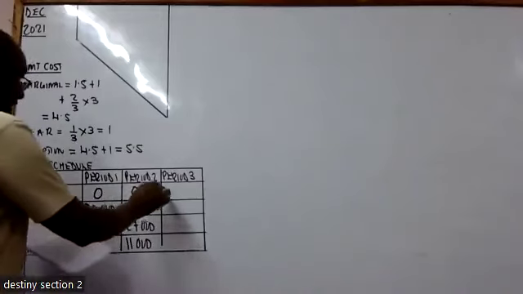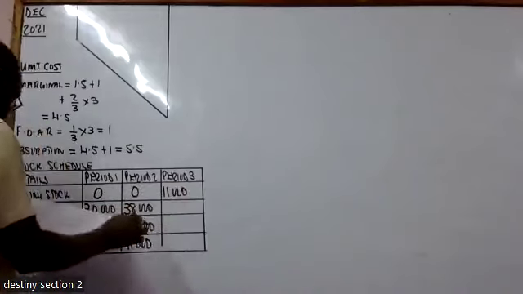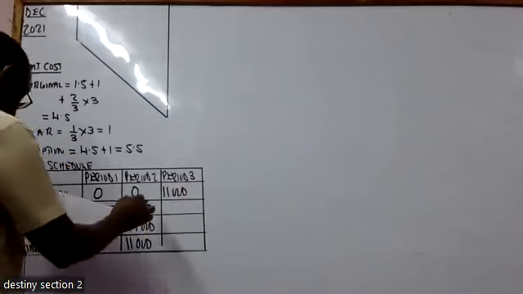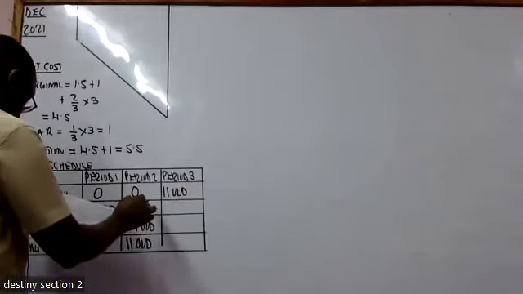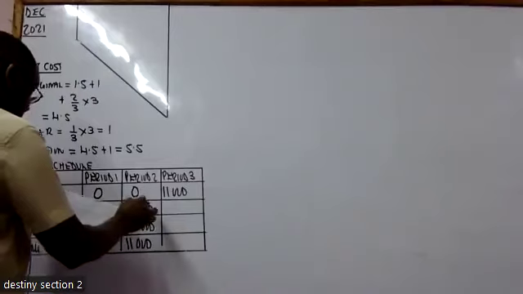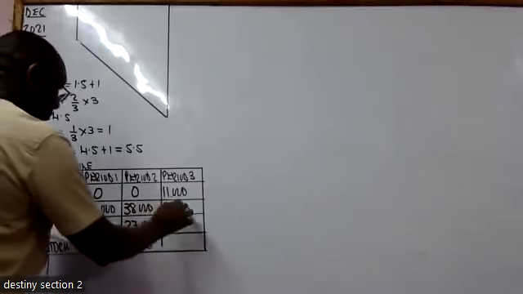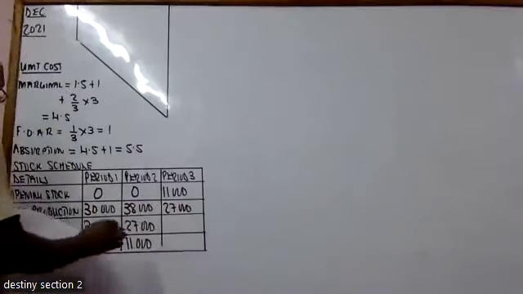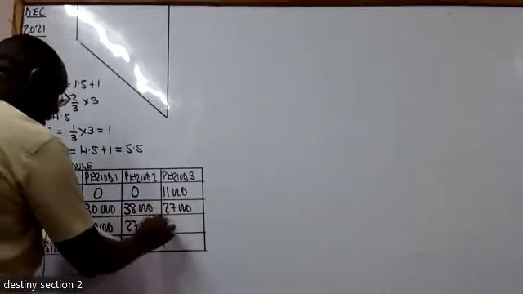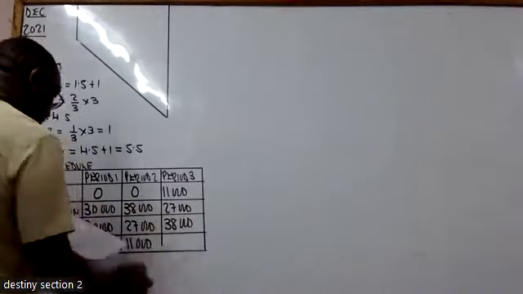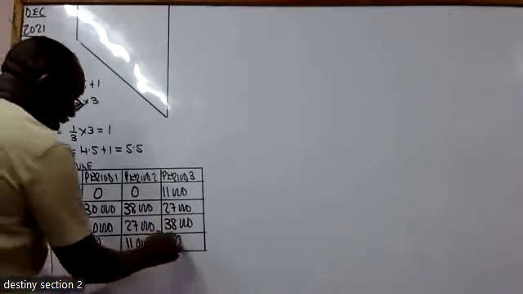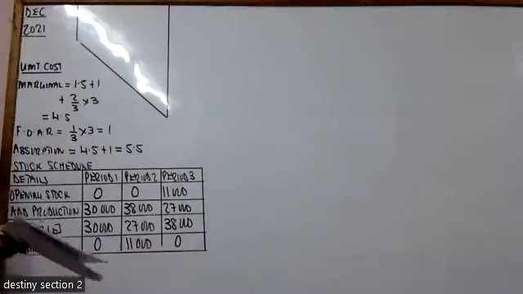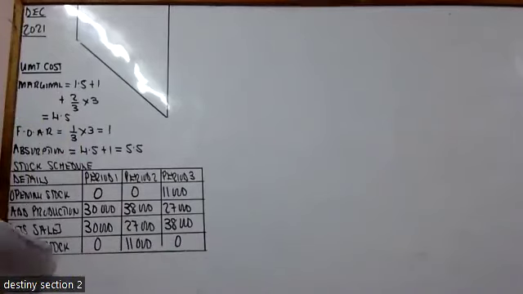Then the opening is 11,000, production is 27,000, and sales are 38,000. Therefore, the closing is 0. In this question, there was no need of drawing the schedule because the examiner had already drawn it for us.